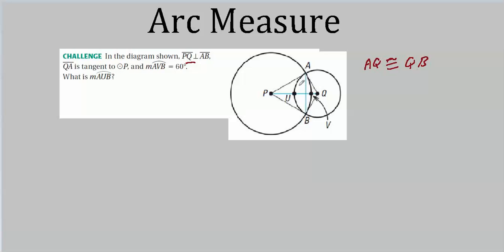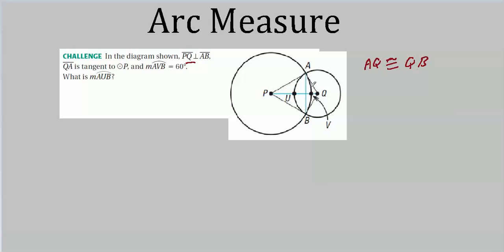Anything with 4 sides is a quadrilateral. They add up to 360. Well, we've got 180 of them accounted for already, 90 here and 90 here. That means there's 180 of them left over, and 60 of them are devoted to this little angle here. What's 180 minus 60? 120.